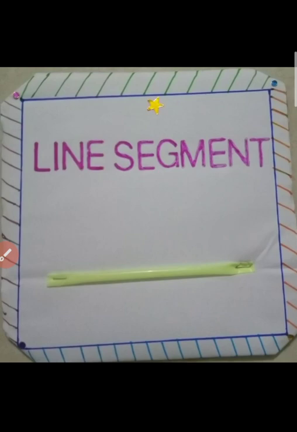Here, if you take two alphabets X and Y, this X is the endpoint and Y is also one more endpoint. So, a part of a line with two endpoints is called a line segment. XY is a line segment. X and Y are two endpoints. This is about line segment.